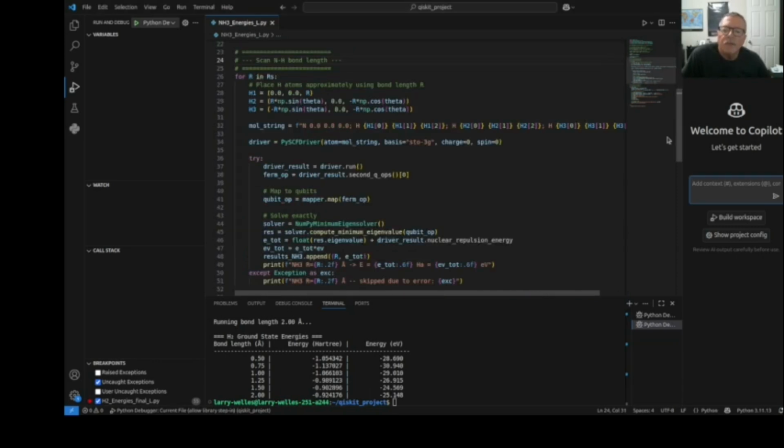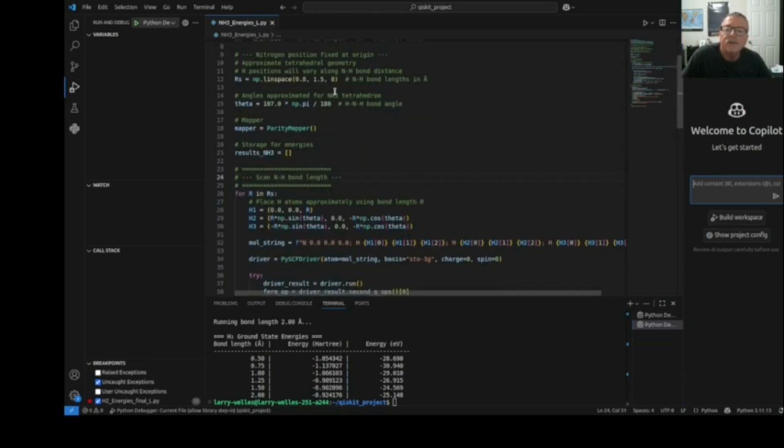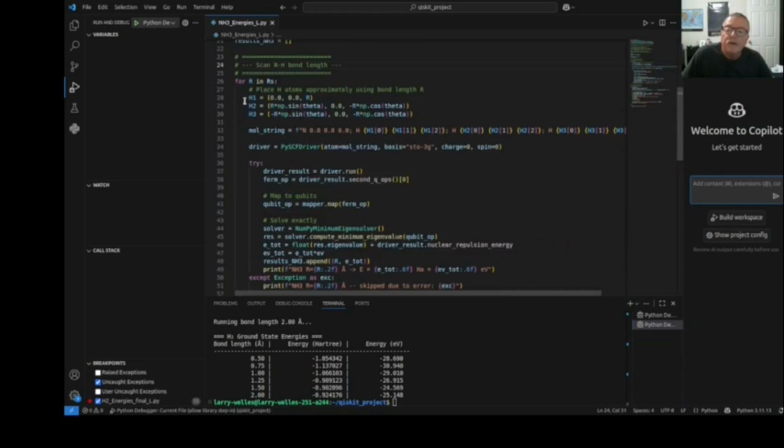Each time we go through this loop, and you say, well, for R in RS, what was RS? RS was the 3 bond lengths. Here's the 3 hydrogen atoms with their coordinates, X, Y, and Z. And notice this R value.